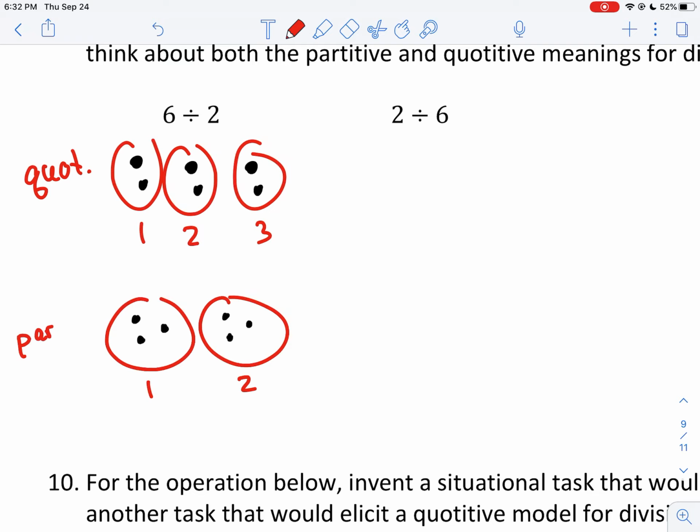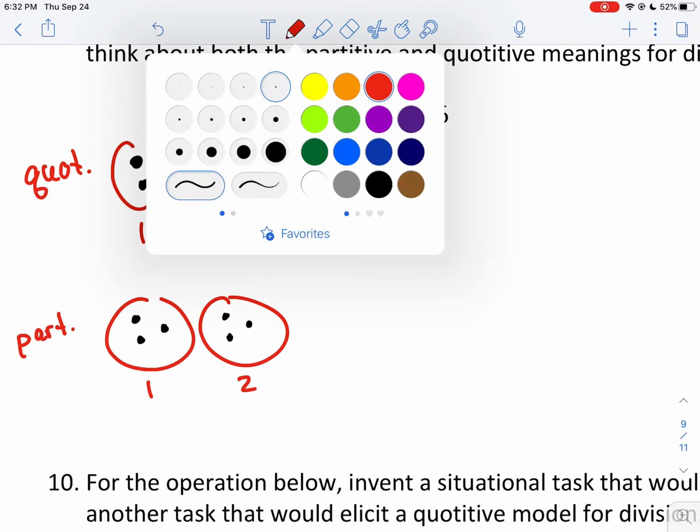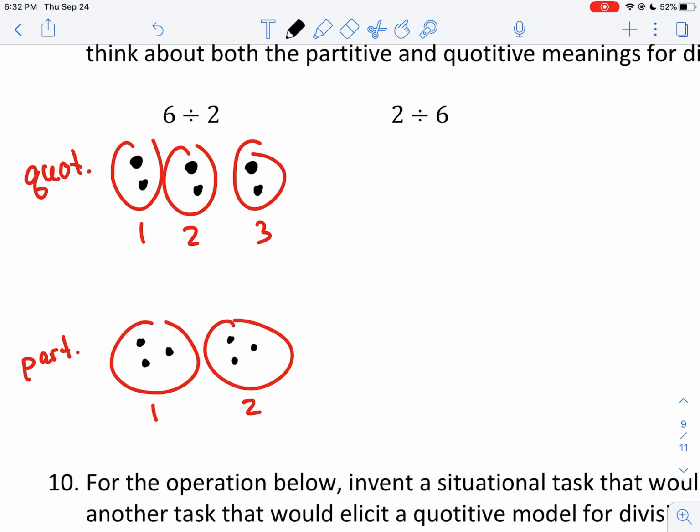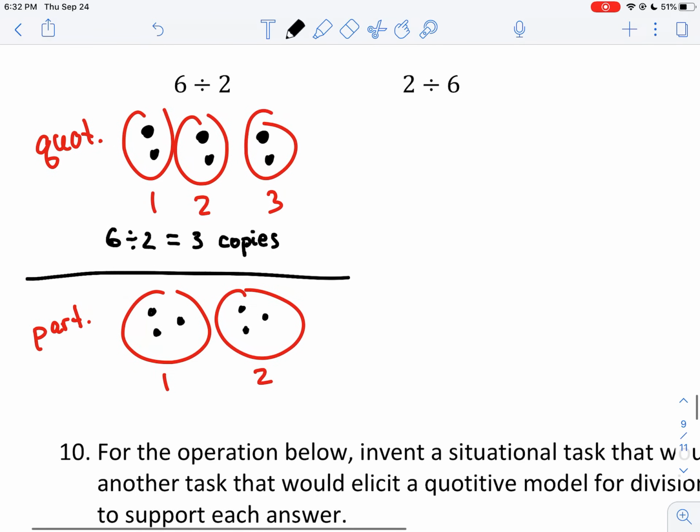This is the partitive, or the sharing meaning of division. And so in one case, 6 divided by 2 gave me an answer of 3 copies, because we were saying, how many copies of 2 make 6?